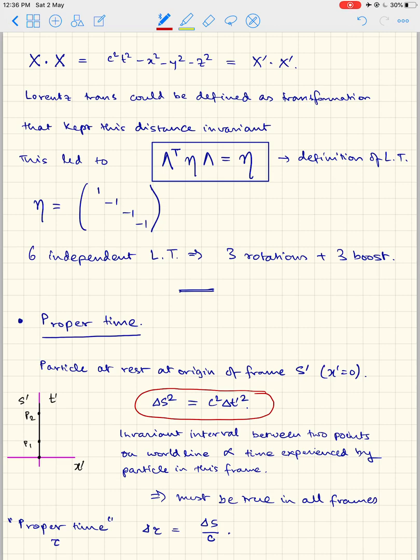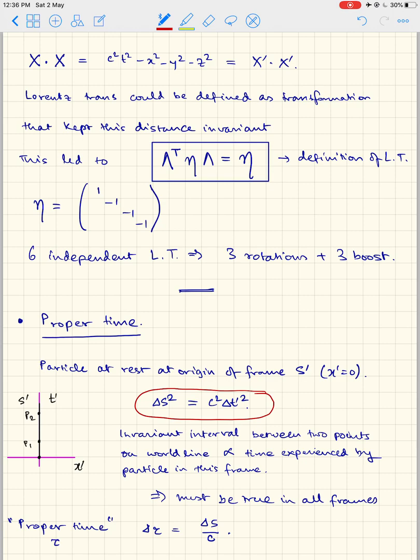Since ds squared is something that every observer agrees on, this dt prime squared has to be invariant for all frames.